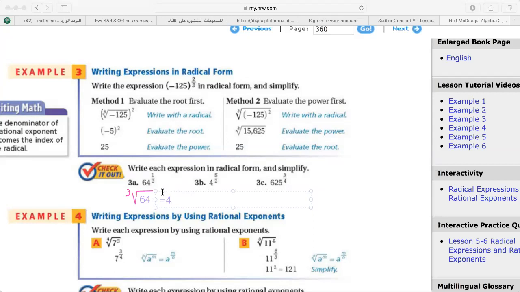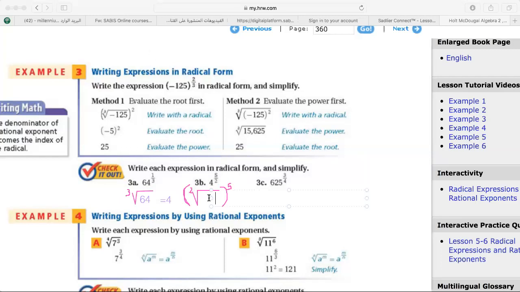Okay, let's solve the second one, 3b. The denominator is the index. And all to the power of 5, because the numerator will be the exponent for the whole term.